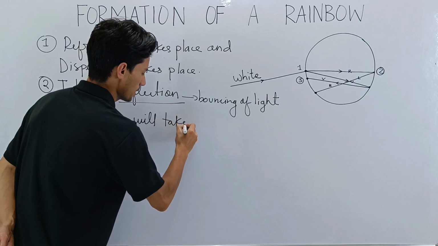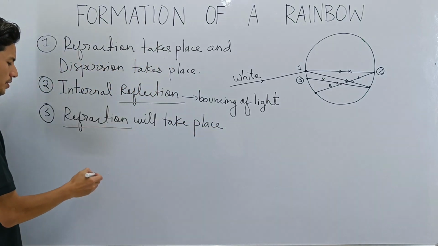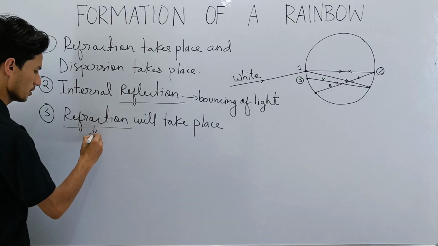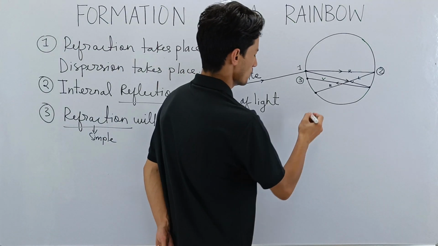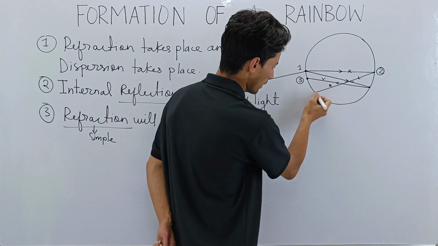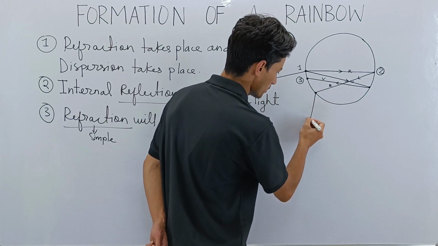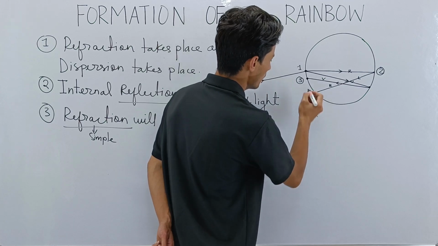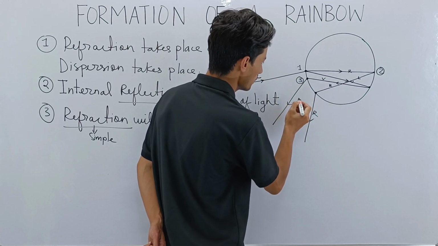Simple refraction, just simple bending. So it will not continue its journey straight, it will bend. This is red light, and it will not continue its journey like this, it will undergo bending.